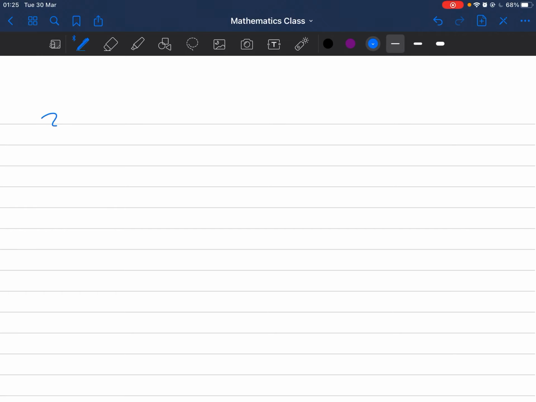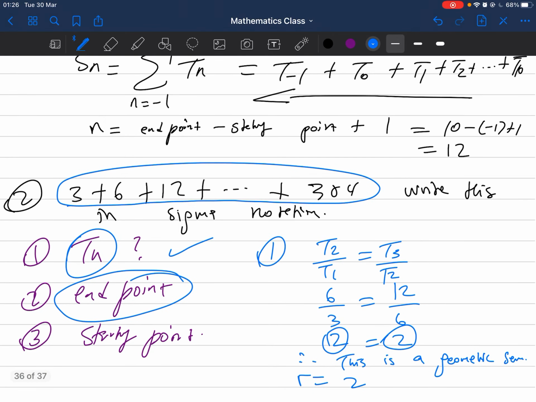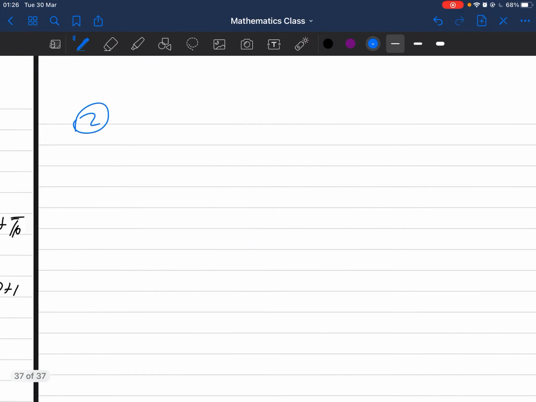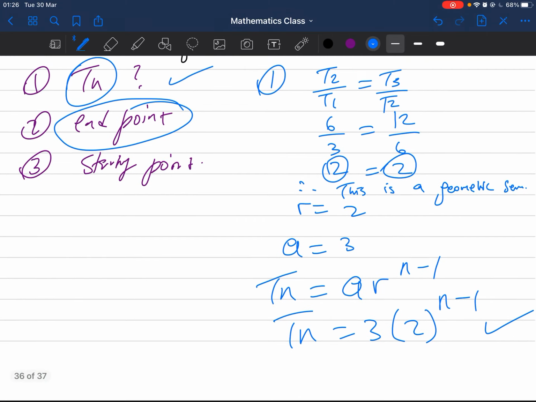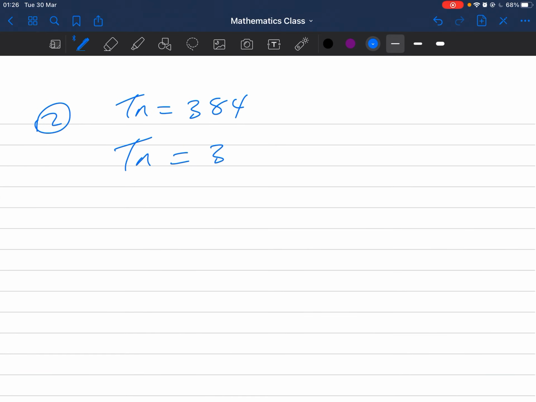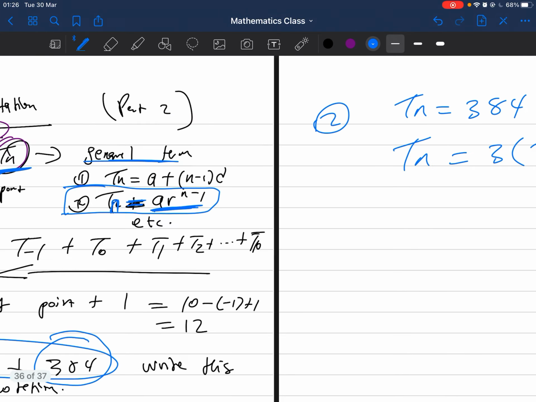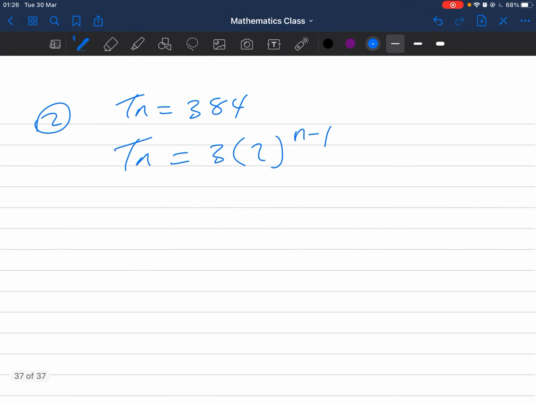Second thing now is to find the end point. How do we find the end point? We go back to our series and look at the end term. The end term is 384. Our general term is 3 times 2 to the power n minus 1.